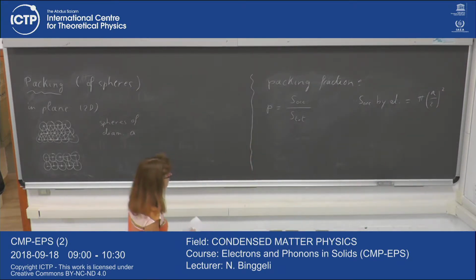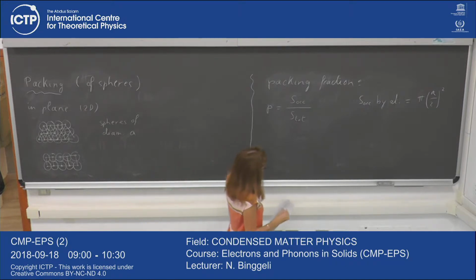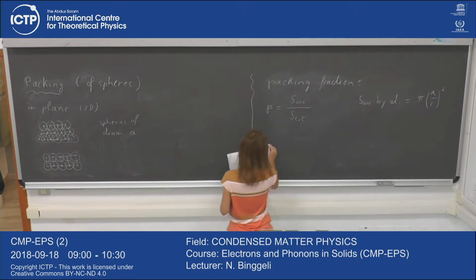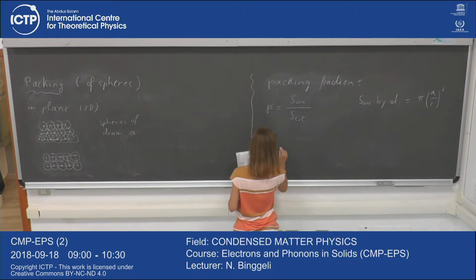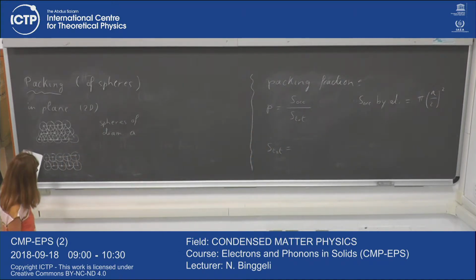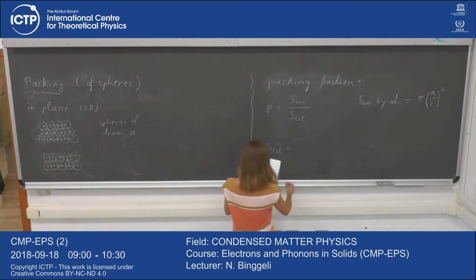So this is the surface occupied by my atom, and the total surface per atom differs in the square and triangular lattice.